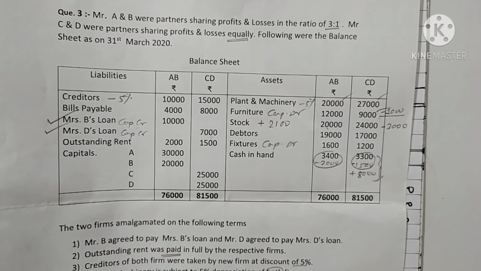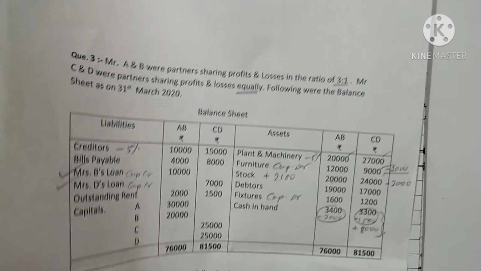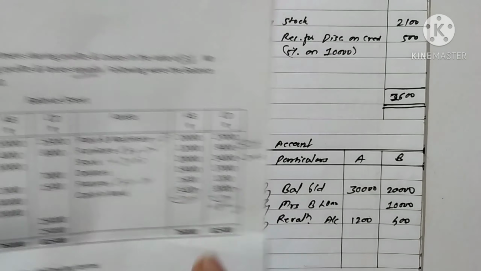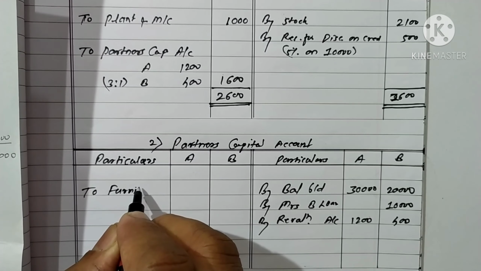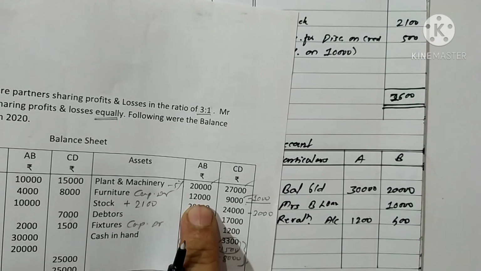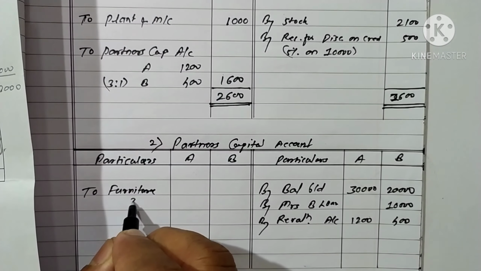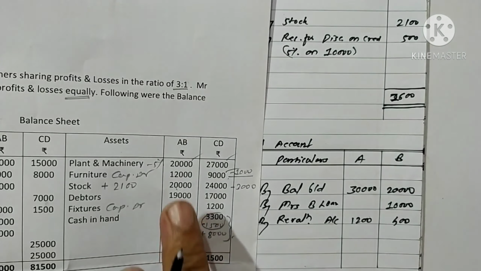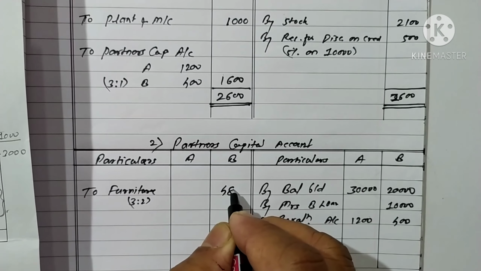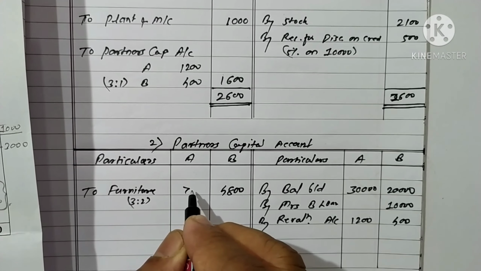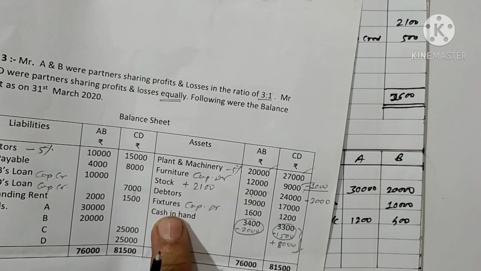Okay, now we have to see in adjustments. Furniture to be distributed in partners' account debit side, to furniture, rupees 12,000 distributed in capital ratio 3:2. It comes to 7,200 and 4,800. Next we also have to distribute fixture.